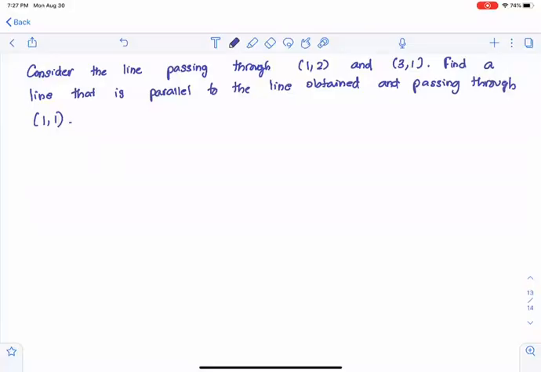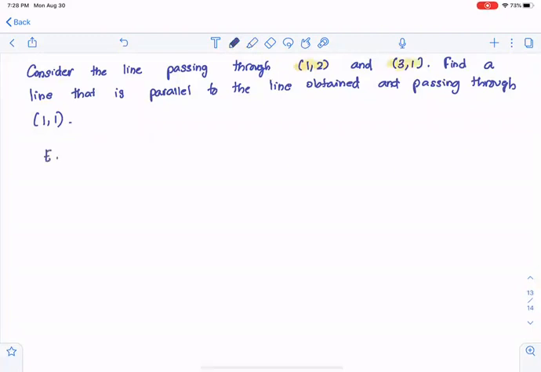So here we want to consider a line that's passing through (1, 2) and (3, 1). And then we have to find the line that is parallel to the line obtained and passing through (1, 1). So the very first step is to find the equation of the line passing through that point and that point.